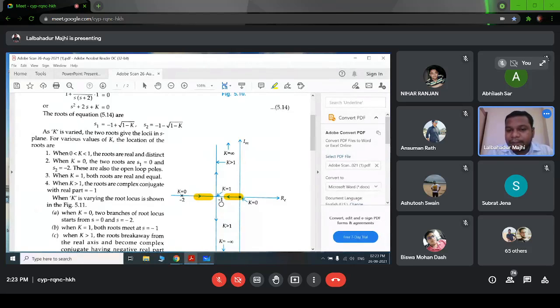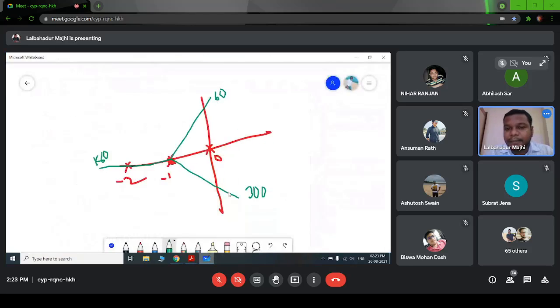At that point, both the roots are minus 1. So at minus 1, both the roots meet here. After that, they diverge in different directions. That point where they move in different directions is known as the breakaway point, because at this point the root locus breaks away from each other, right?